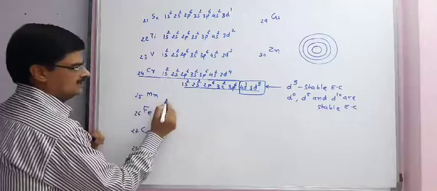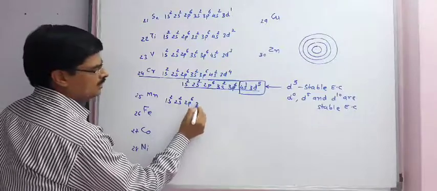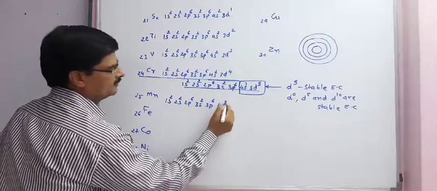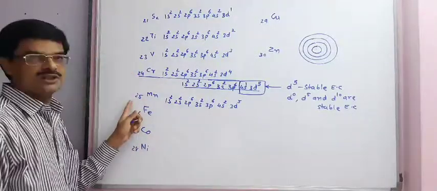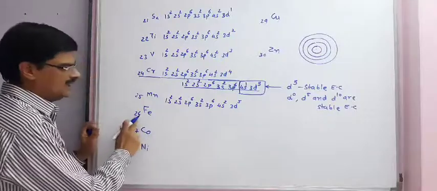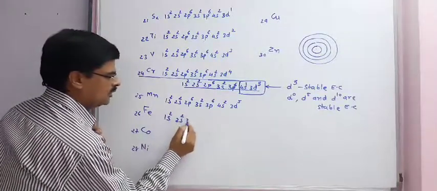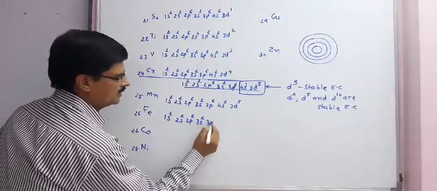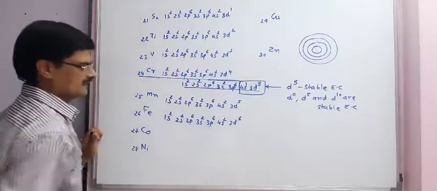Now Mn: 1s2, 2s2, 2p6, 3s2, 3p6, 4s2 and 3d5. This is the electronic configuration of Mn. After this we have Fe: 1s2, 2s2, 2p6, 3s2, 3p6, 4s2 and 3d6.